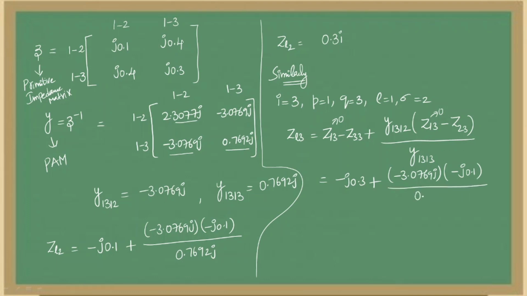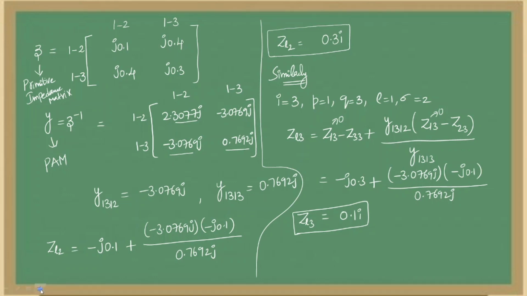What is Y1313? 0.7692J. If you evaluate this with the help of your calculator, you will get ZL3 as 0.1I. Okay. Now you got this off diagonal element and this off diagonal element. Okay. Next, diagonal element.